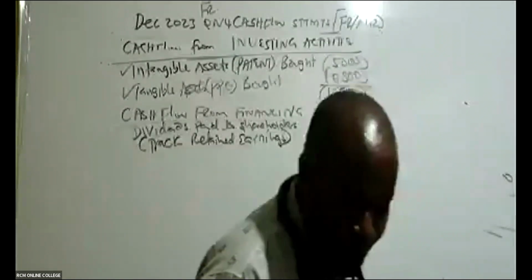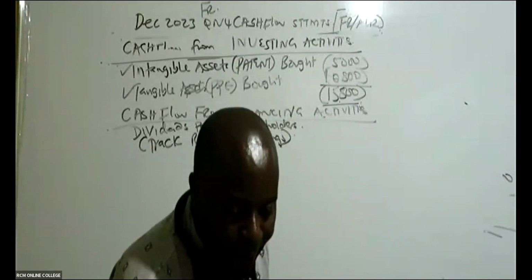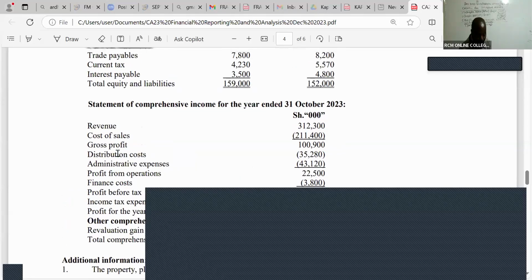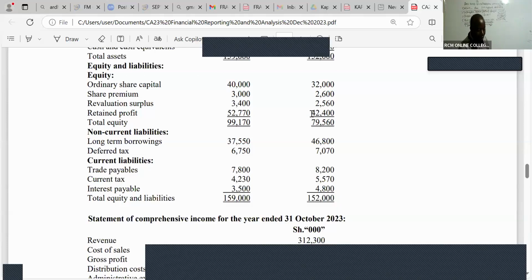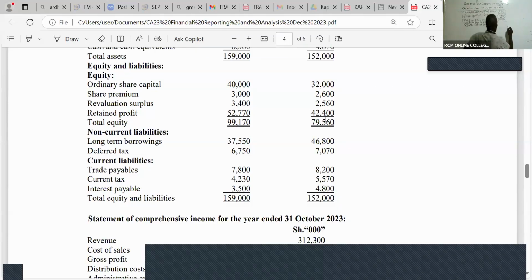Is there somebody who is able to see retained earnings in their balance sheet? Retained earnings is the same as retained profit. You can see the balance brought down is 42,400. Remember, retained earnings in equity has to be credited.